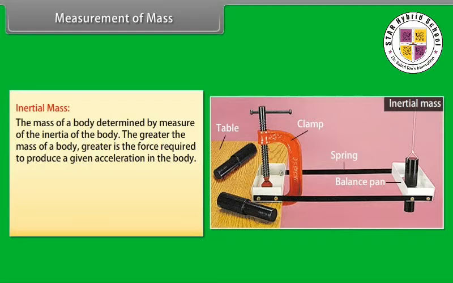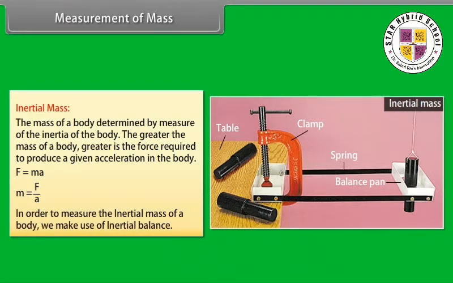The greater the mass of a body, the greater is the force required to produce a given acceleration in the body. F = ma or m = F/a. Thus, a very heavy body has a larger inertial mass than a light body.